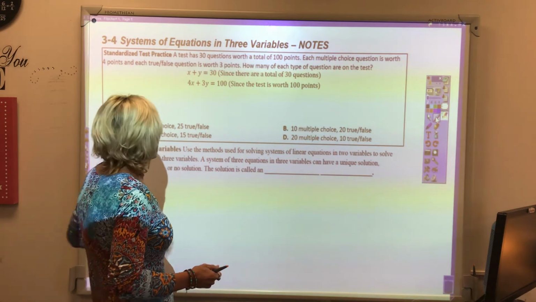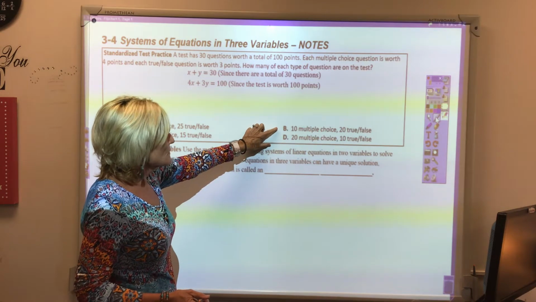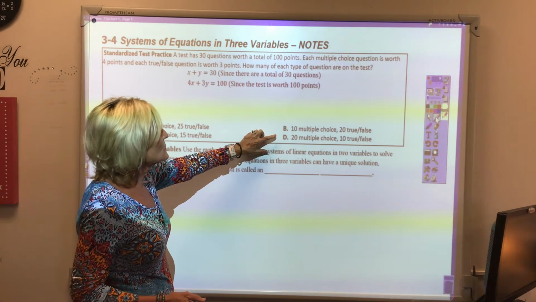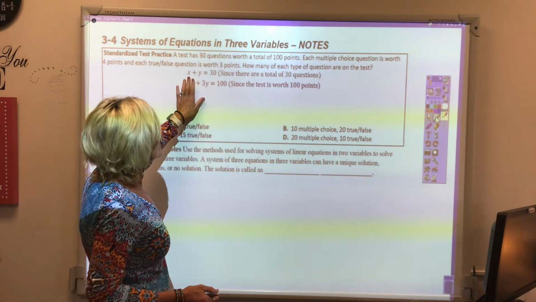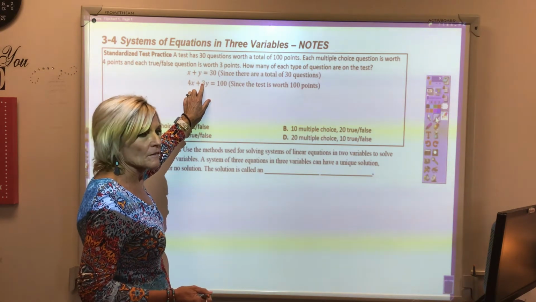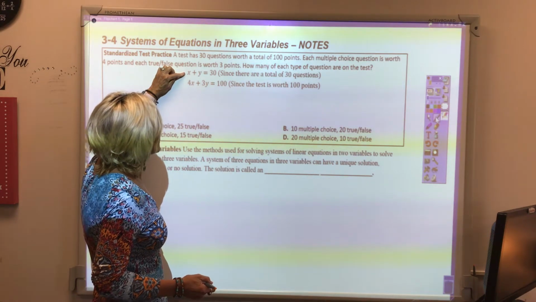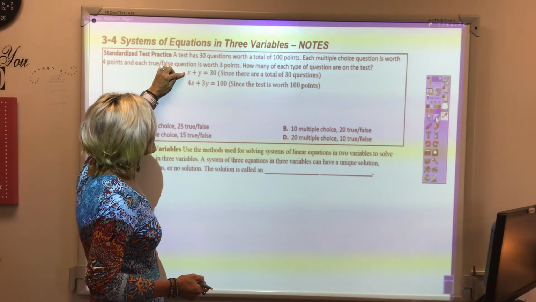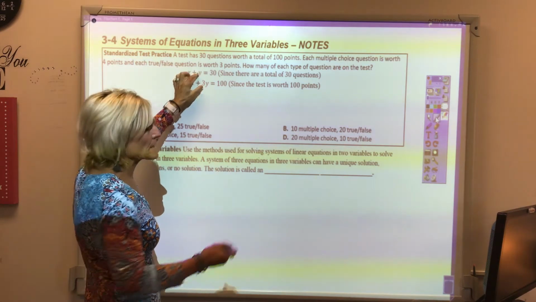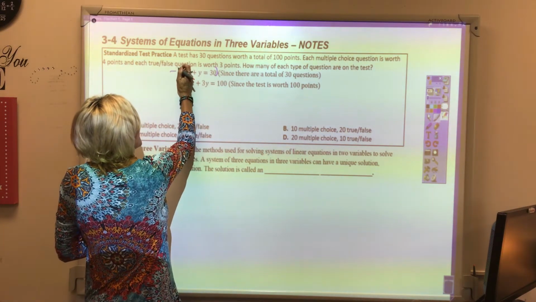And since the answers are listed with multiple choice first, what I'm going to do is eliminate the true-false or the y values. So I'm going to take the top equation and multiply it by -3 so that the y's will cancel. So I have to remember to do both sides.